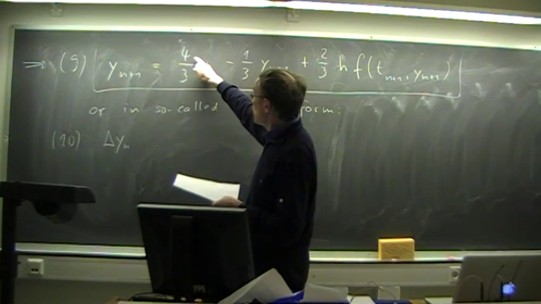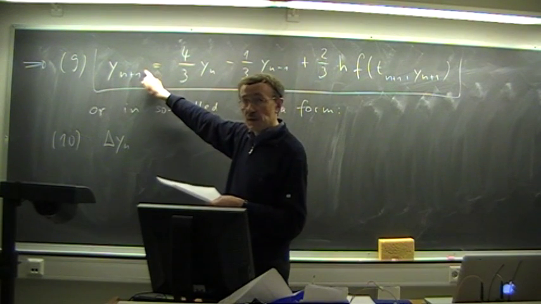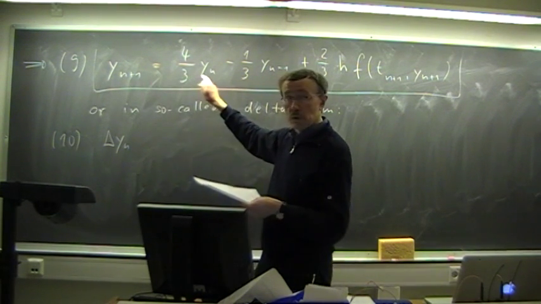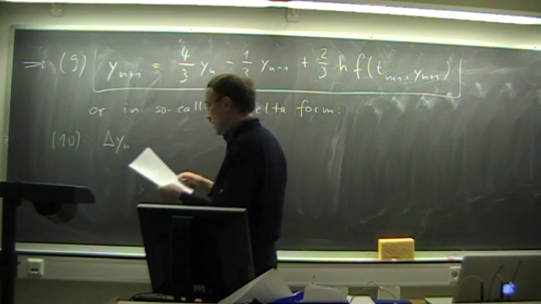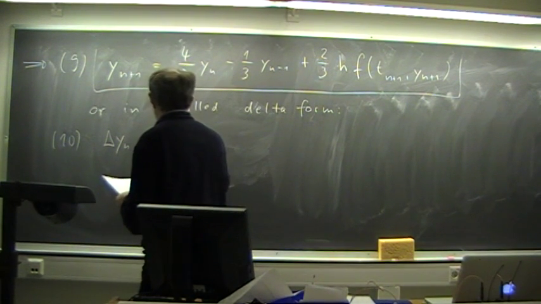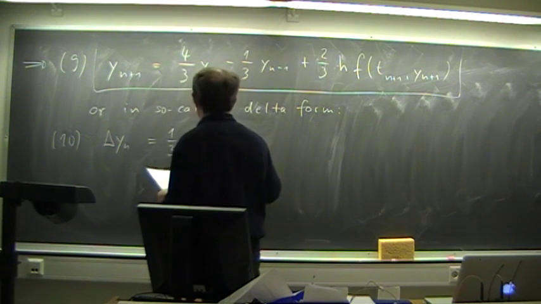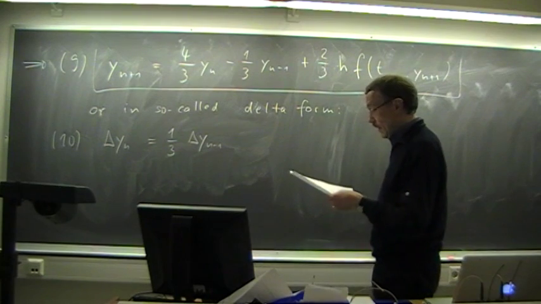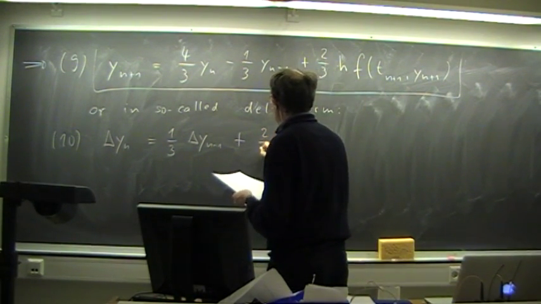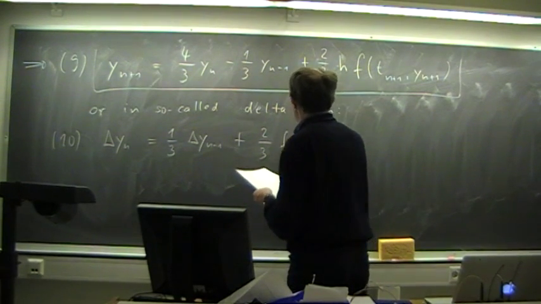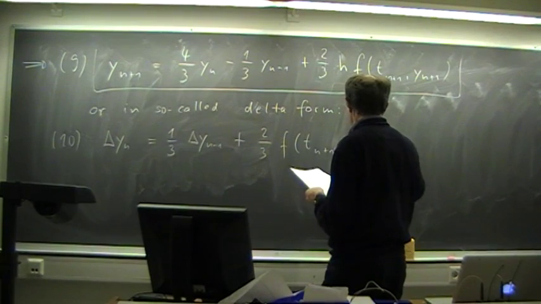So you see, if we subtract here the yn and take that to the left hand side, we get 1/3 rest. So then we get the delta yn on the left hand side. We have then 1/3 of delta yn minus 1 on the right hand side left. And this is unchanged, the 2/3 h f of tn plus 1, yn plus 1.